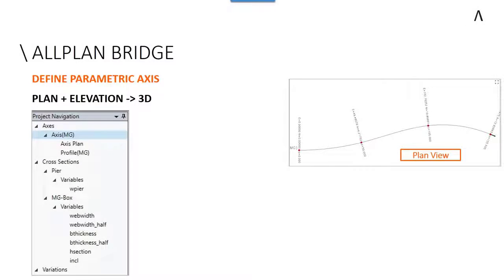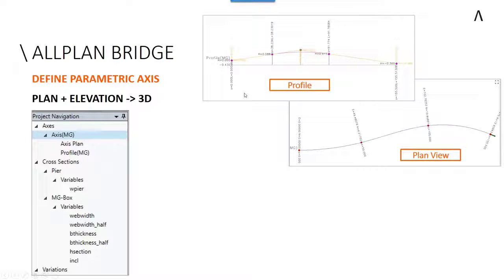The first thing that we want to do is define a parametric axis. So this is in two parts. We define the plan view, as you see here, which can be made up of curves, spirals, and straights in any combination.